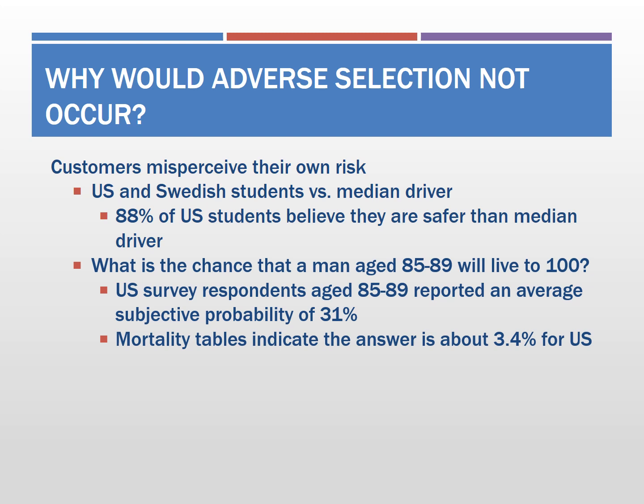According to a survey of elderly in the US, male respondents aged 85 to 89 report a subjective probability of reaching age 100 of 31%, even though the objective life table showed that only about 3.4% actually did.